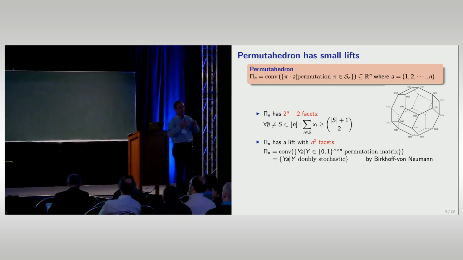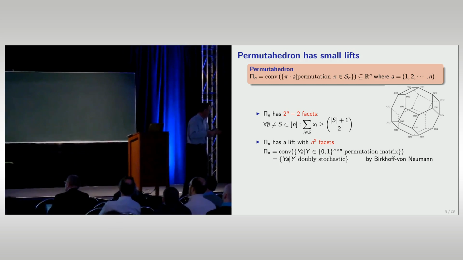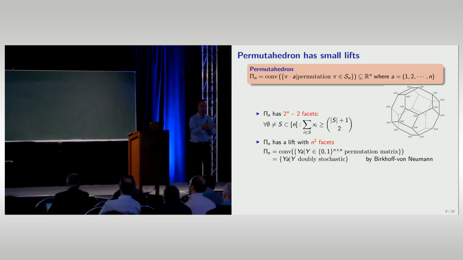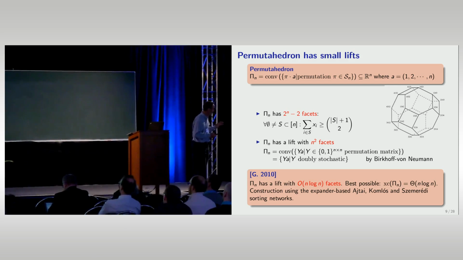And you know that if you look at permutation matrices and you look at the convex hull of them, well, these form the doubly stochastic matrices by Birkhoff, von Neumann. But you can do better, actually.